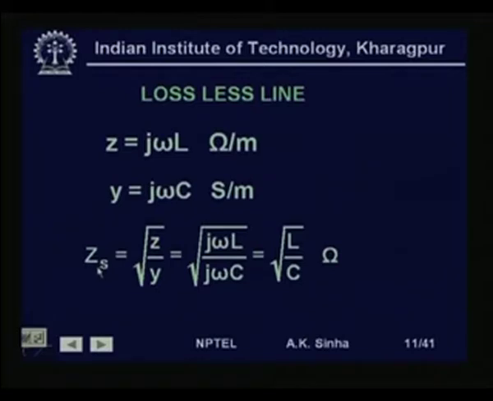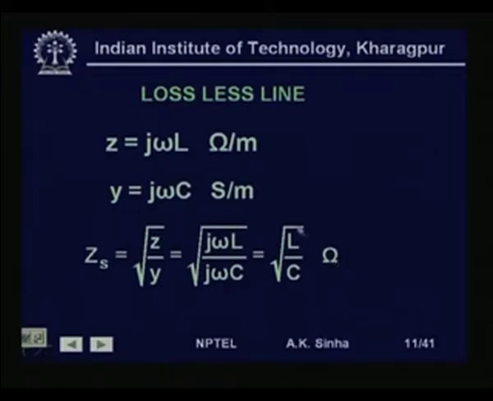Now, here if we take the characteristic impedance of this line, then it will be square root of Z by Y. Since this line is lossless, we call this characteristic impedance for a lossless line the surge impedance of a line. So, for this line, the surge impedance Zs is equal to the square root of Z by Y, which is equal to the square root of jωL by jωC, which is equal to the square root of L by C ohms.